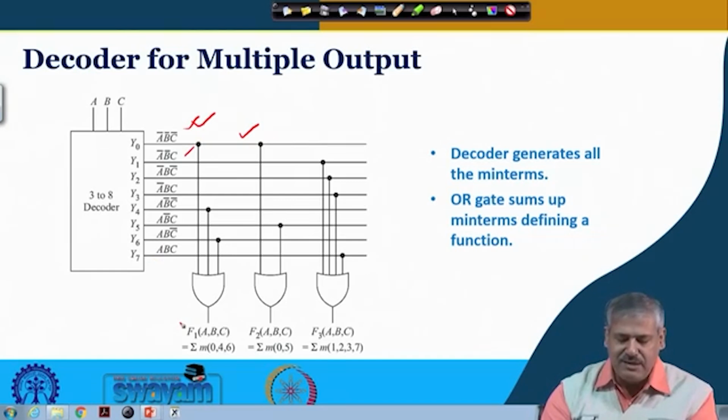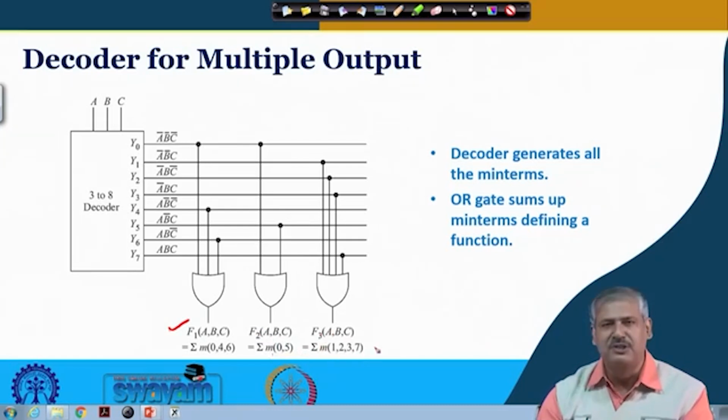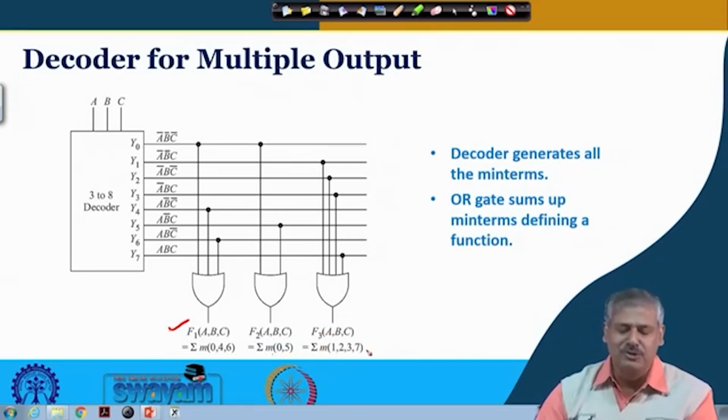So if you want to realize a function f1, which is a sum of min terms 0, 4, 6, f2 the sum of 0 and 5, and f3 the sum of 1, 2, 3, 7, what do we need to do? These outputs are there, and we are just making the appropriate OR of them.